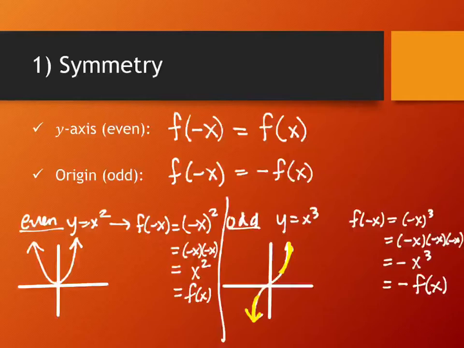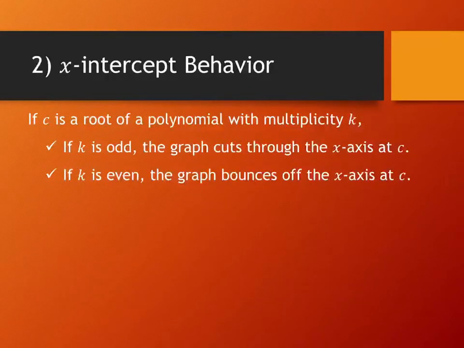Okay, so I mentioned a little bit about multiplicities in the last section, but let me reiterate it here again in section 3.4. Your x-intercept behavior is directly related to multiplicities. So if you've got a root or an x-intercept, root, x-intercept, 0, they all mean the same thing.